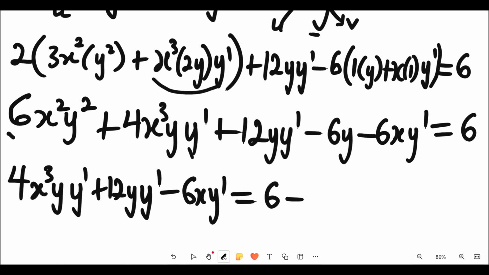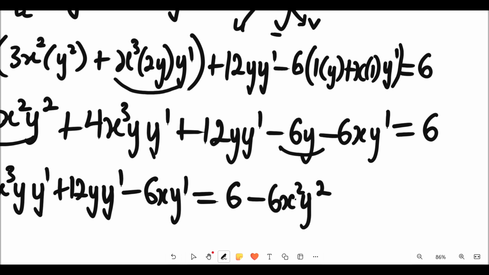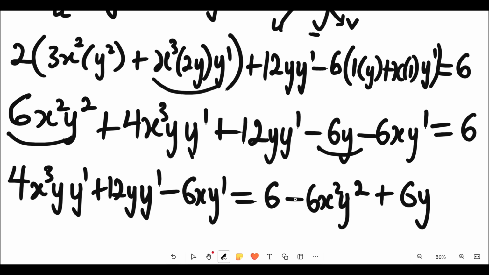So 6 minus, I'm transposing this one, so I have minus 6x squared y squared. Then I'll transpose the negative 6y too, so it's going to be plus 6y.